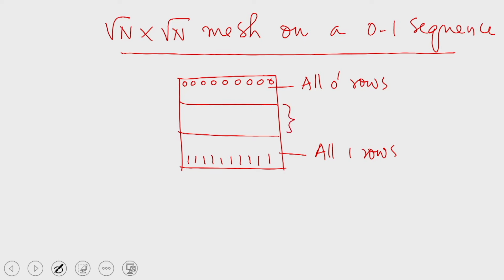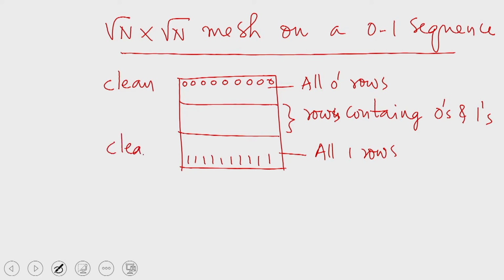And in between, we have rows containing both zeros and ones. We will call the top band clean, and similarly the bottom band is also clean, but the middle band we say is dirty.